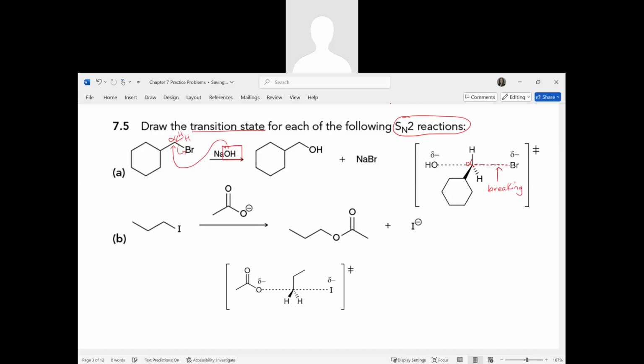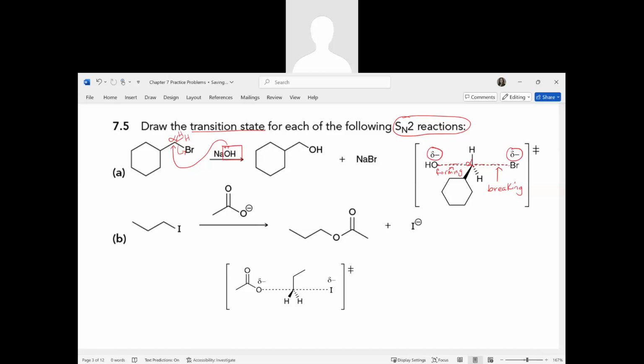And at the same time, we see a bond forming. That's what this other dotted line is drawn for on the hydroxide ion. Also, we draw these delta negative signs here to represent a partial charge that is dissipating as this reaction progresses.